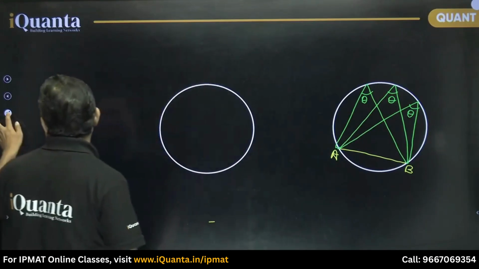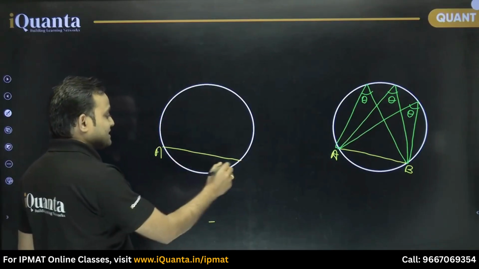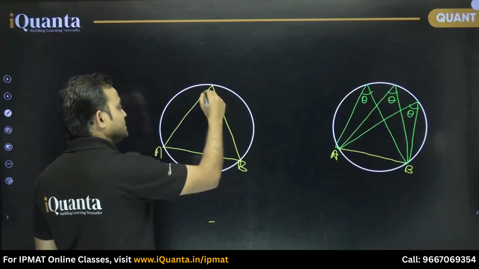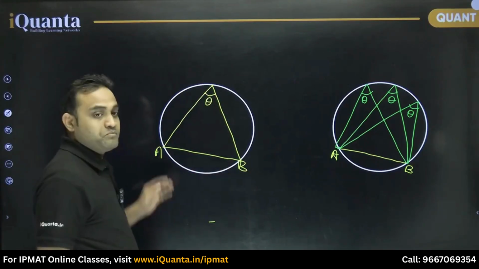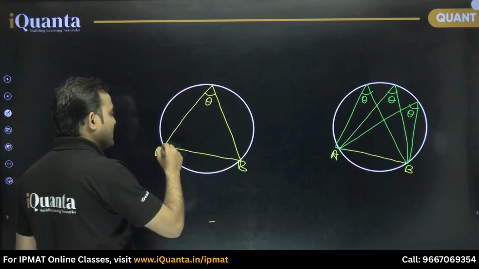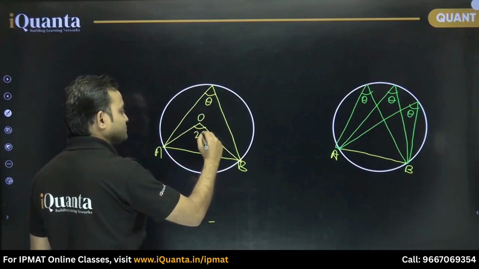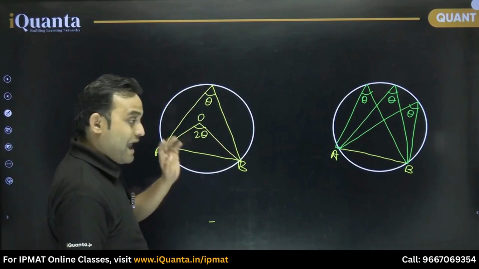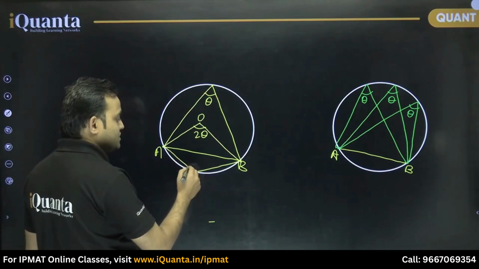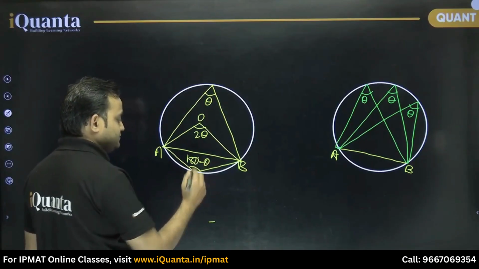Then there is one more similar concept: if the angle made by a chord on the major arc is theta, then the angle made by the same chord at the center will be 2 theta. And also, the angle made by this chord on the minor arc will be 180 degrees minus theta.